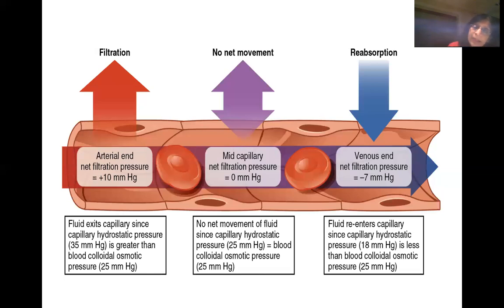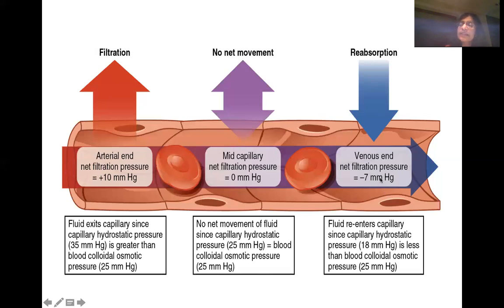So one thing that you also notice here is the amount of fluid filtered, because it's plus 10, is expected to be greater than the amount of fluid that enters the capillary. This is -7. It's not -10. So if these numbers were equal, plus 10 and -10, you know that the amount that escapes, 100% of that is returned.